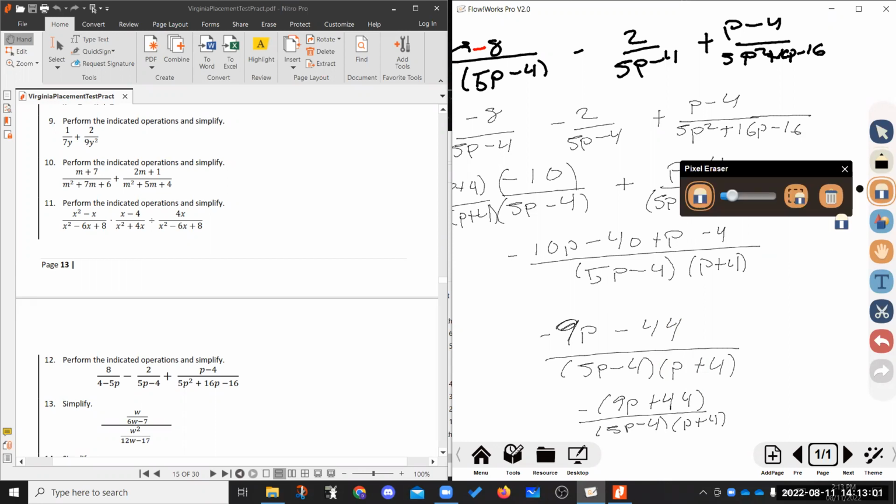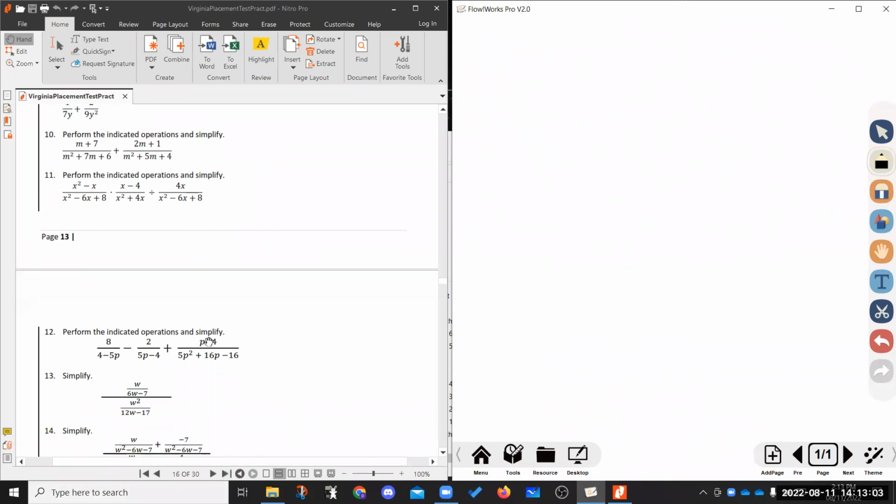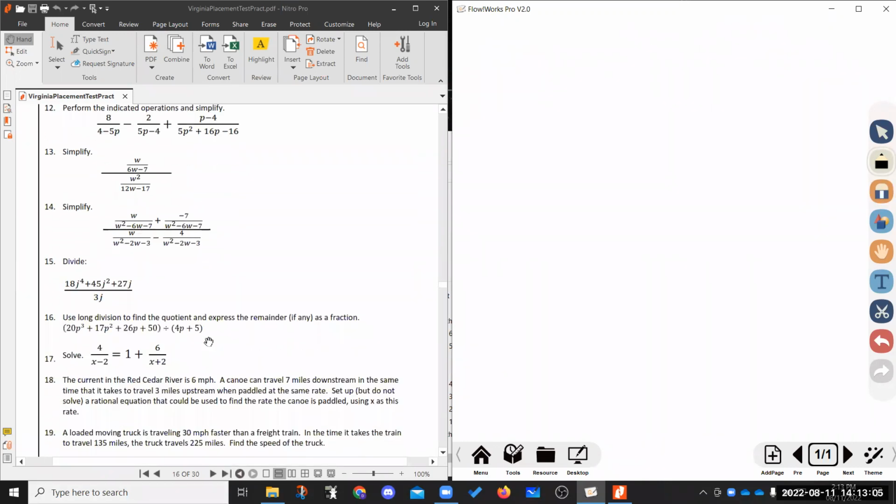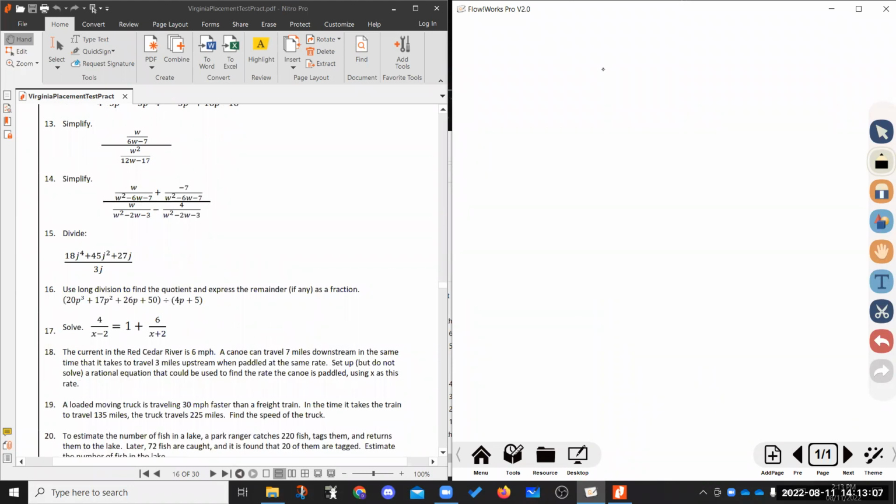Let's go ahead and delete that. Now we're going to take on number 13 and simplify w over 6w minus 7, all divided by w squared over 12w minus 17.